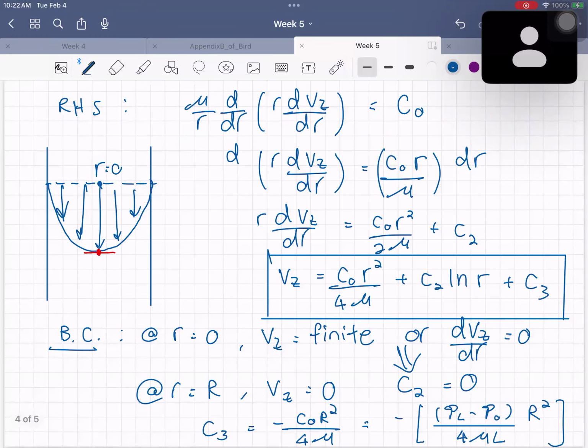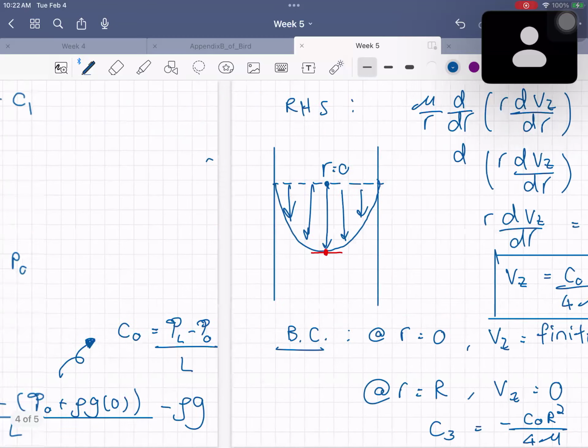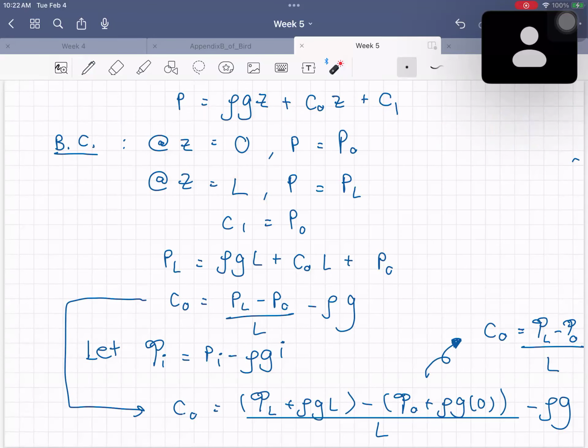Rho G, oh, it's already gone. This is in terms of the big P now. So here we have Z0 equal to big PL minus P0 divided by L. That's why I'm changing it into this form, because otherwise the equation will be longer than this. And it's not in the form of rho G anymore, right? Yeah. That is why.